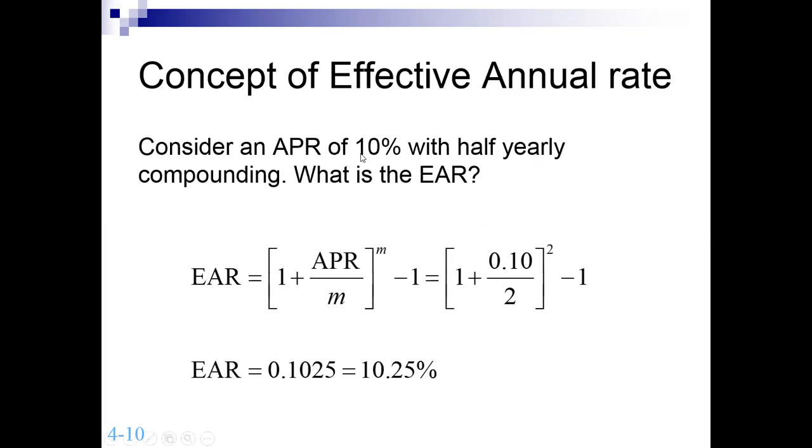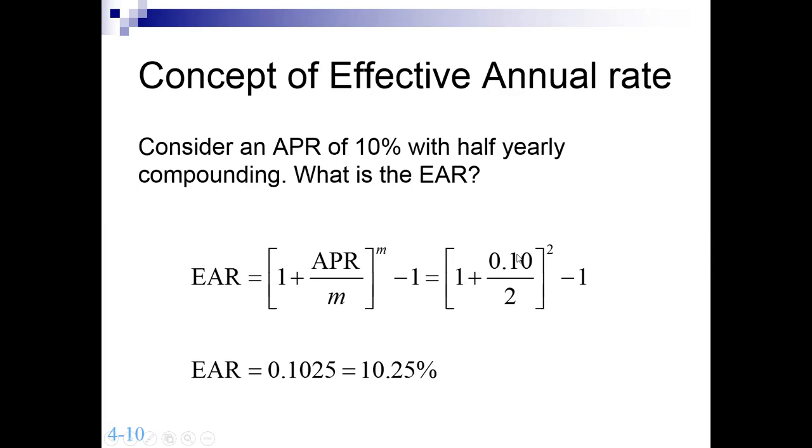APR is 10 percent, and M, as indicated earlier, shows how many compounding intervals you have in a year. So right now M will be taken as 2. Why 2? Because we have half yearly compounding. It means that 2 compounds will occur in a year.